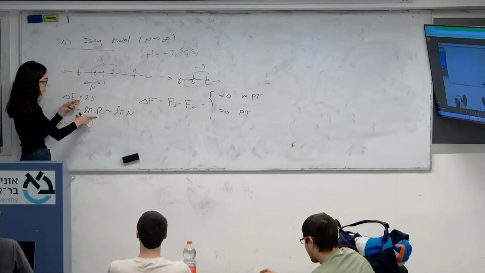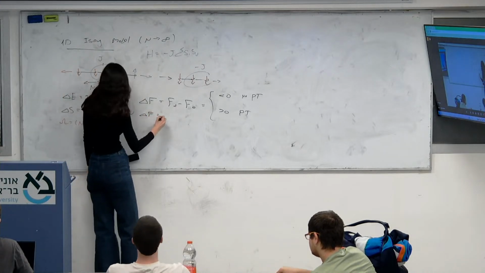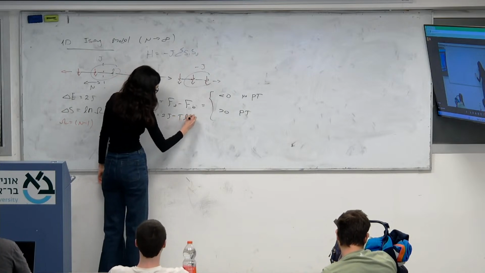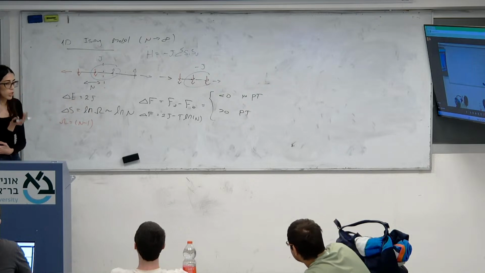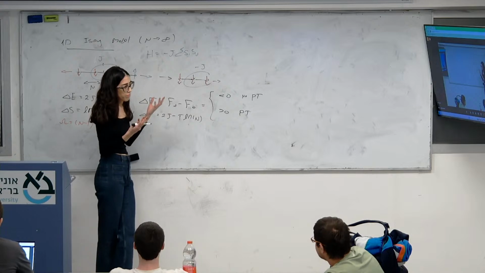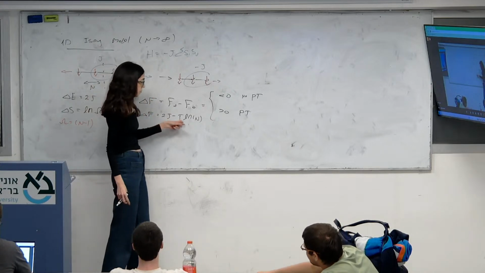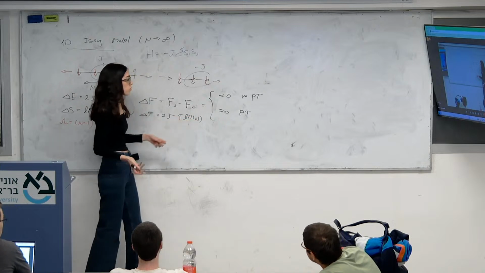Okay, so we have everything we need for the free energy. Delta F is equal to 2J minus T ln n. J is a finite number. If it's infinite, this is a very different system, but it's a finite number. T is a finite number, and n is something that goes to infinity.